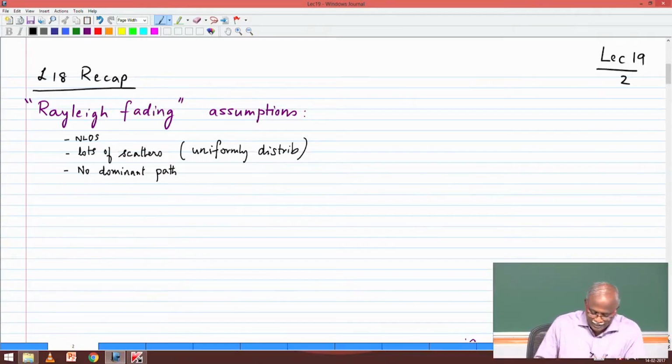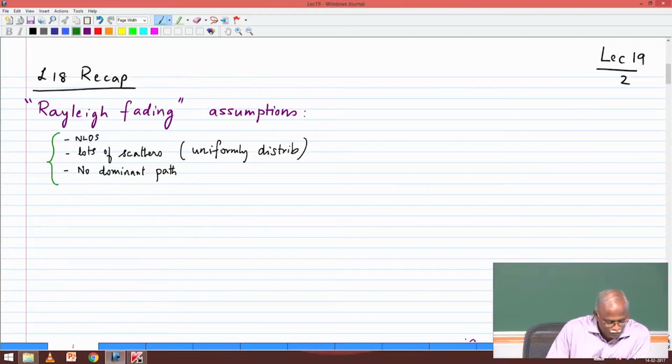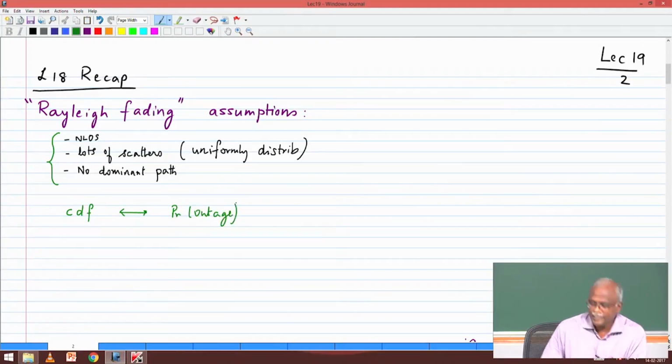Okay, so again, this is something that I believe now you are comfortable with. What are the assumptions? What is the distribution that we derived? What are the expressions for the PDF? And maybe from the CDF, the link to the probability of outage. Again, that is an important one, which gave us insight saying that you must have additional margin to protect yourself against the fluctuations that are present in the Rayleigh fading.